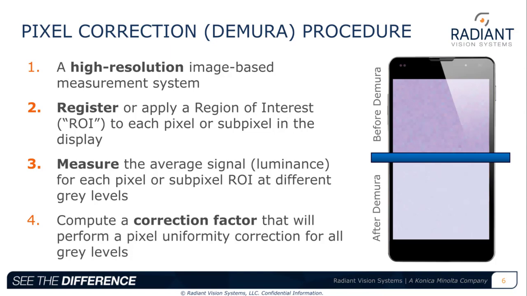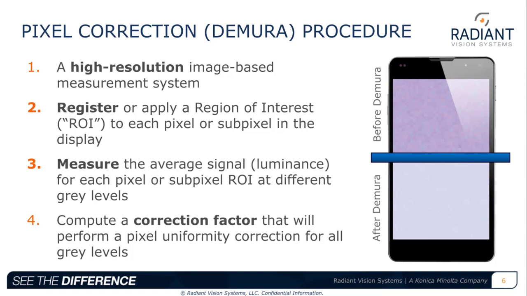The first step involves taking a high-resolution image-based measurement for each primary of the display, red, green, and blue, at various gray levels. For each of those measurements, you do a registration. The registration means that you apply a region of interest to each pixel in the display.